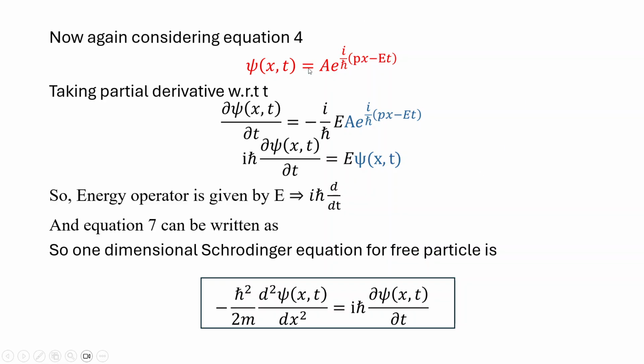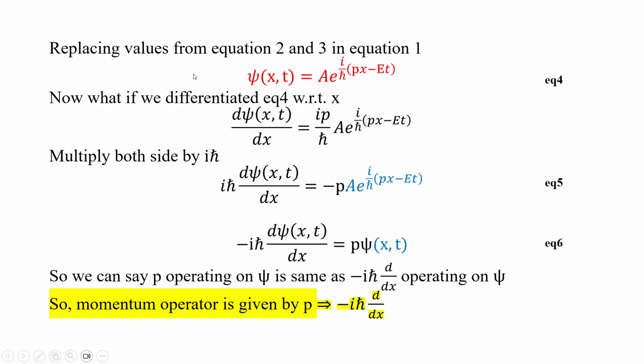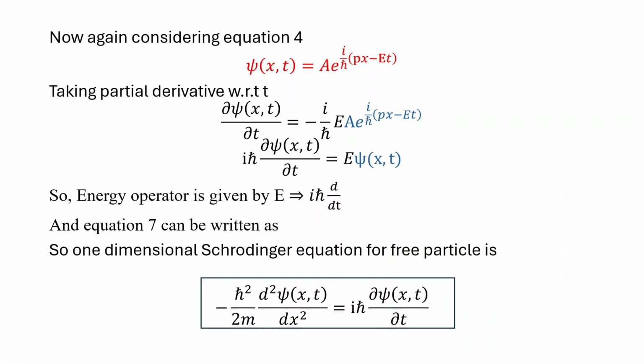Now considering equation 4, where we have the momentum and energy terms in the plane wave, again partially differentiating both sides with respect to t, we will get this term here.